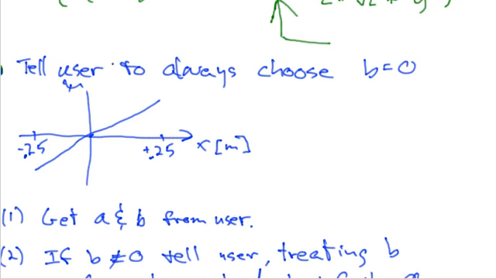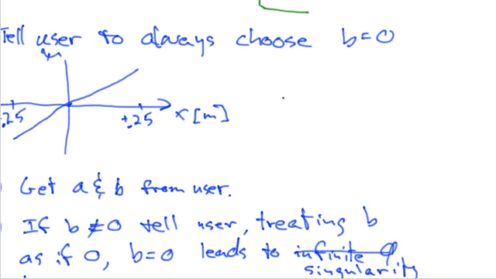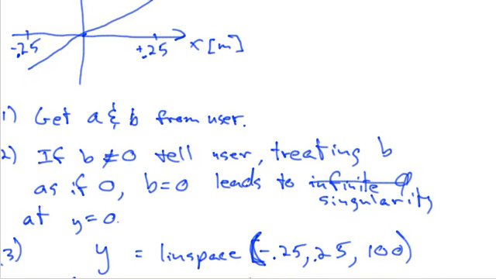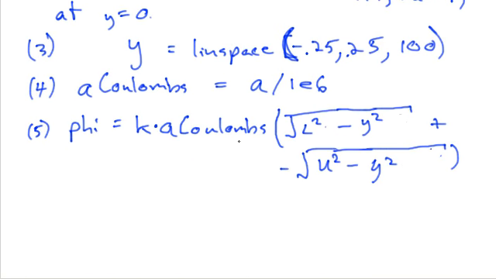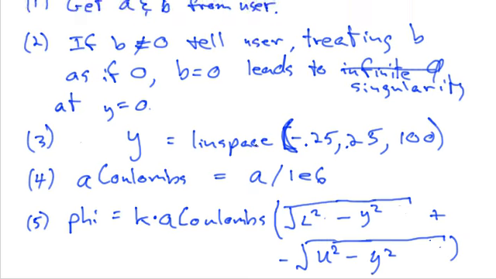So I got to tell the user that if you don't choose B0, it will be chosen as 0 for you. But that's a comment. I need to initialize some more variables.